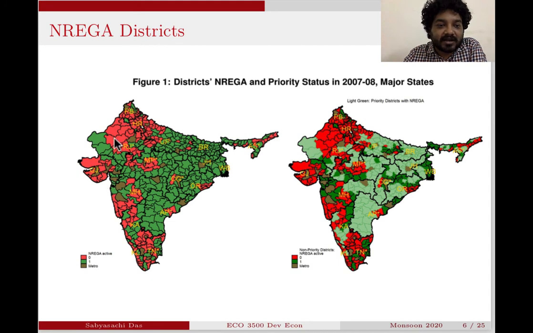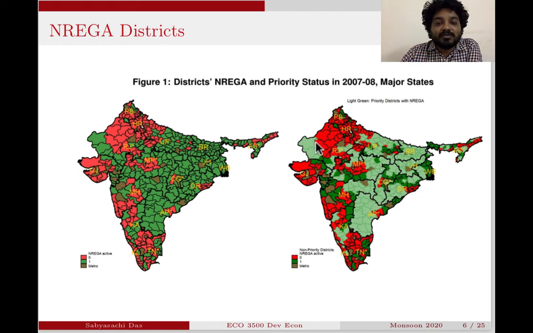So these red colored districts are non-NREGA districts by 2007-8, and the rest, the green ones, are phase 1 plus phase 2 NREGA districts, because this is 2007-8. These light colored greens are the priority districts.